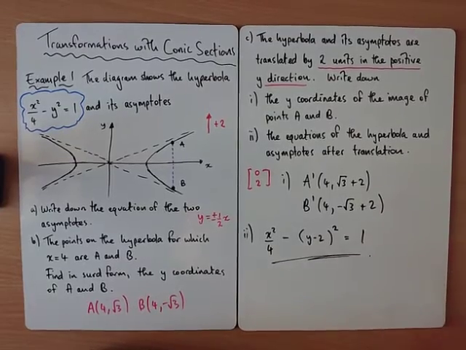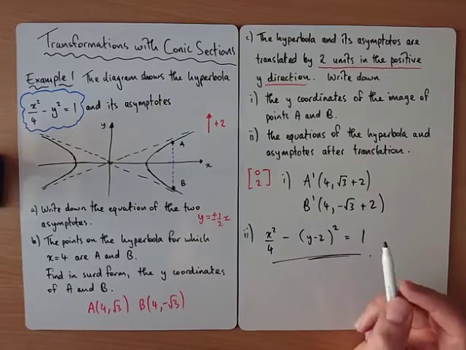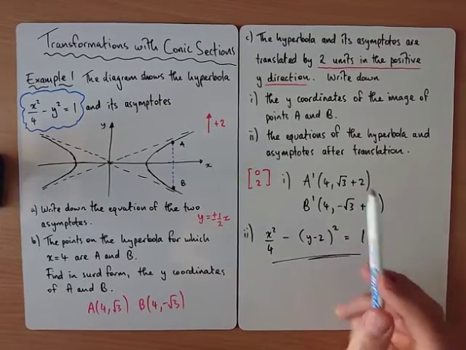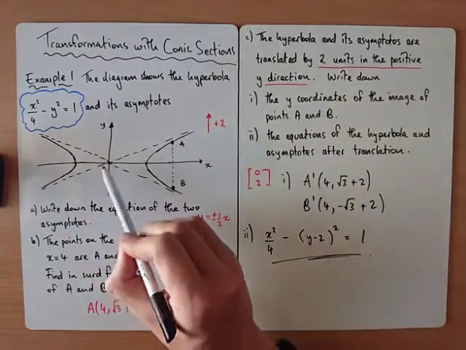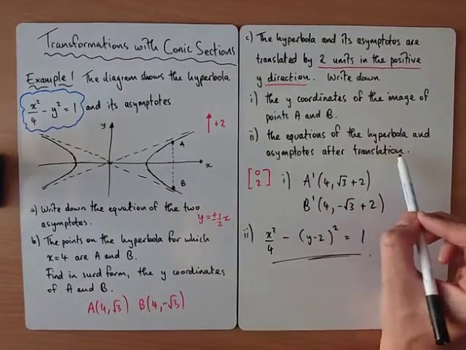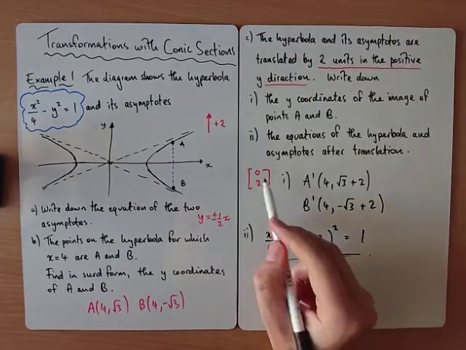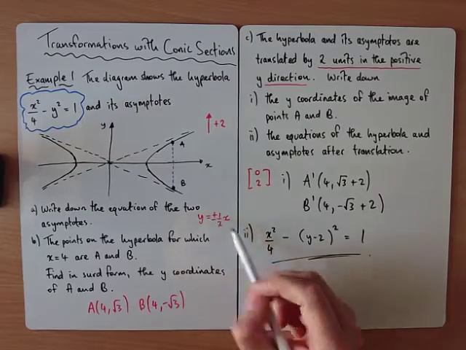That would give you the mark for what the hyperbola looks like. Okay, we also need to realise that if the hyperbola is translated, the asymptotes would also be translated. Okay, so if you want to think about the asymptotes after the translation, these asymptotes are y equals plus or minus a half x.